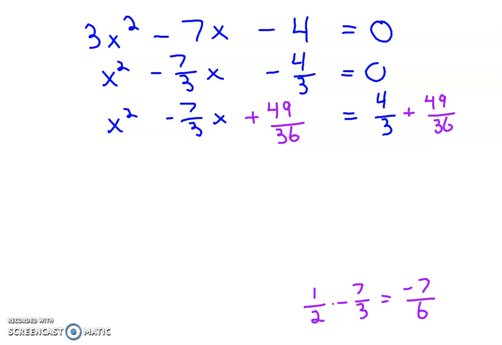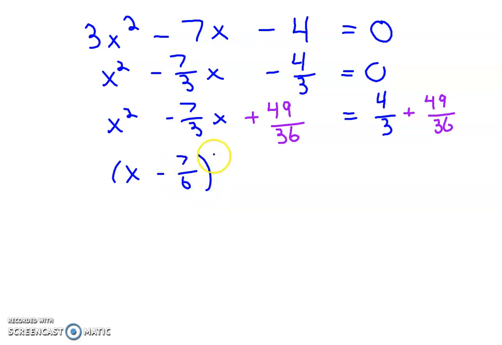Okay. I'm going to get rid of this down here just so I keep having enough room to work here. So now I've got this thing as a perfect square trinomial. I can write it in factored form. You'll remember that the number here is half of that, so half of negative 7 thirds was negative 7 sixths. And over here, well, let's see, this is going to get a little bit ugly, but if I make that into some number with 36 in it, then I'll have a common denominator there.